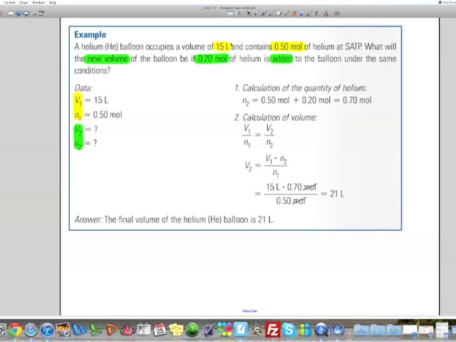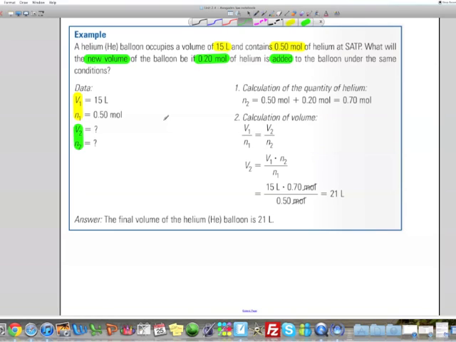Originally we had 15 liters, which contained 0.5 mole of helium. To that 0.5 mole, we add 0.2 mole. So they want to know what will be the new volume. Obviously, it won't be 15, so we have to calculate it, right? The number of moles total at the end is 0.5 plus 0.2, which gives us 0.7.